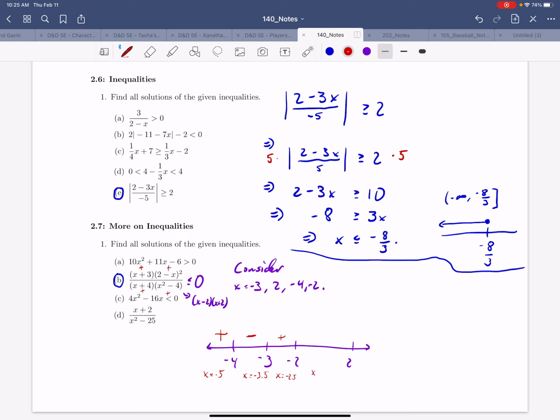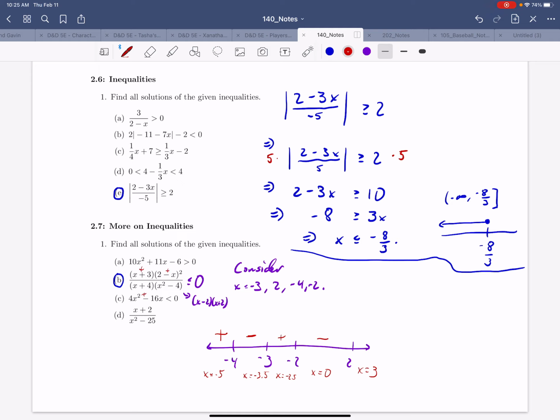Next up, I would certainly choose x equals 0. You could do -1 or 1 if you wanted, or anything else between -2 and 2. And it looks like we're getting positive, positive, positive, negative. 1 minus 4 is -3. So this is going to be negative, a positive over a negative. Last but not least, we're going to plug in something bigger than 2, like x equals 3.